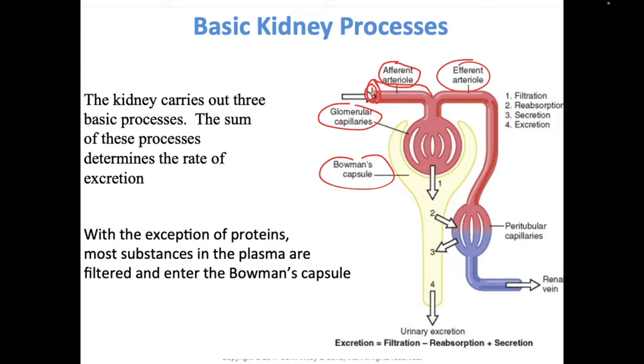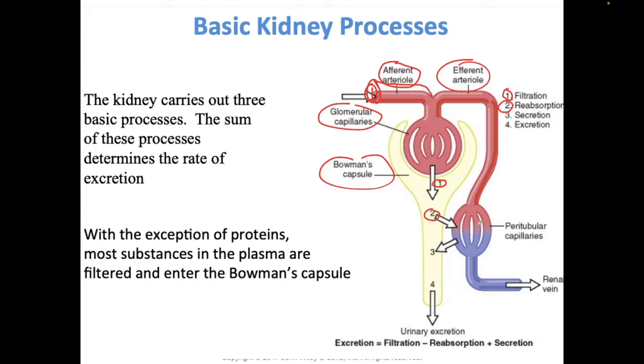So the afferent arteriole is a wider diameter, which allows blood coming in faster than it can exit. Due to it coming in faster than it can exit, it stagnates a little bit and allows for filtration time. Okay, so that's number one, filtration. So number one, it filters. And then number two, maybe the body wants to reabsorb some of it back into circulation.